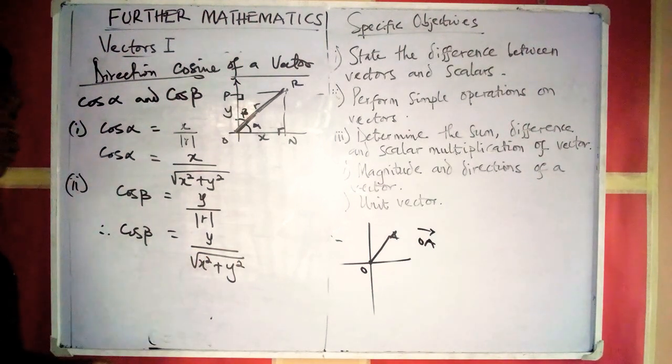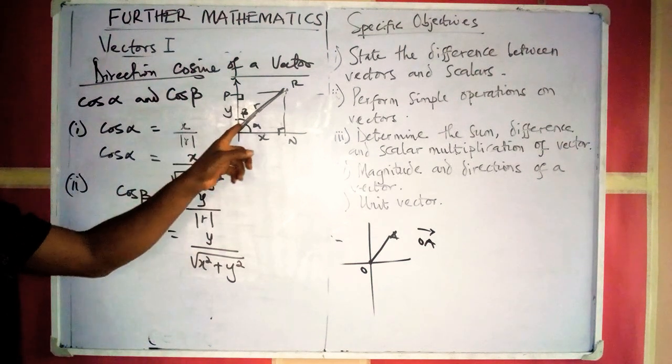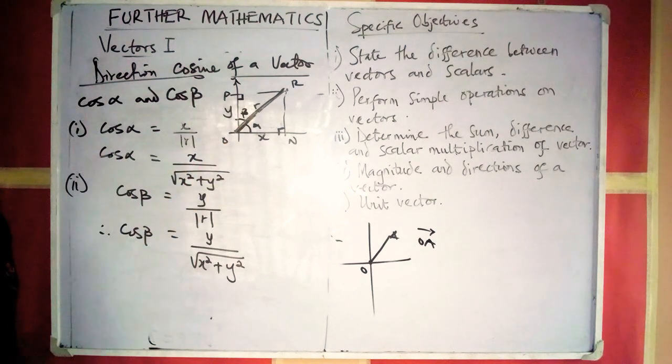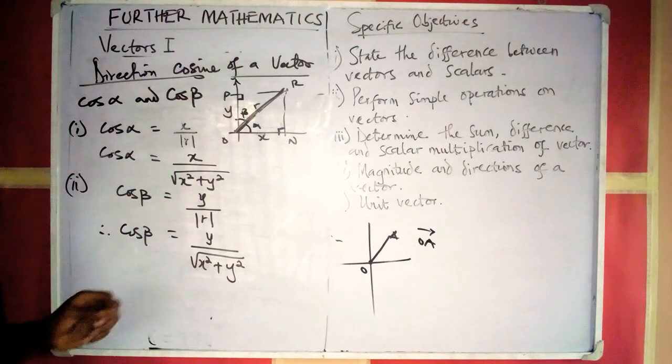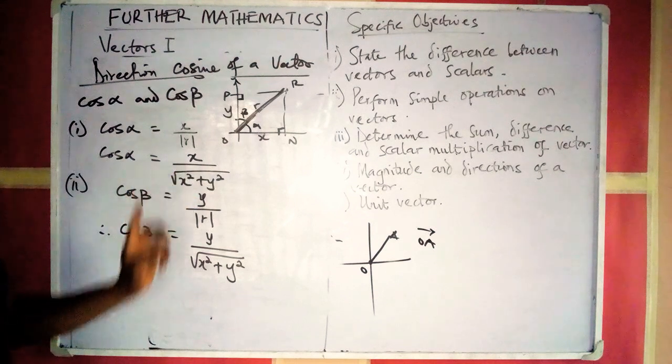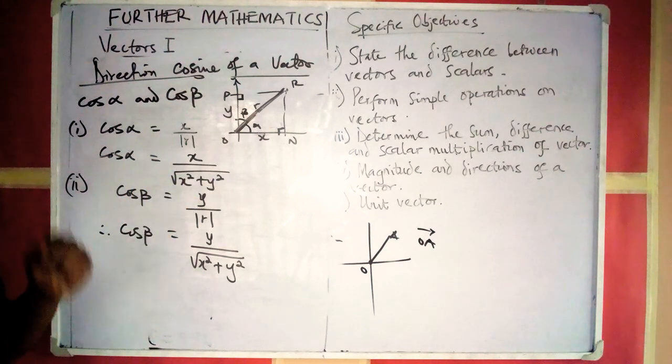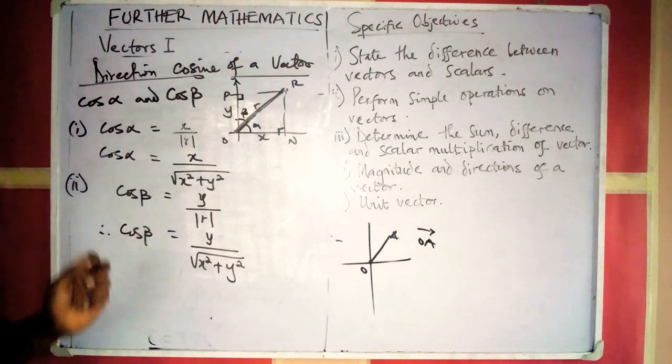So these are the direction cosines of this vector OR in the x and y direction respectively. This is for the x direction and this is for the y direction. You can pause, take notes, so we can now go into solving problems.